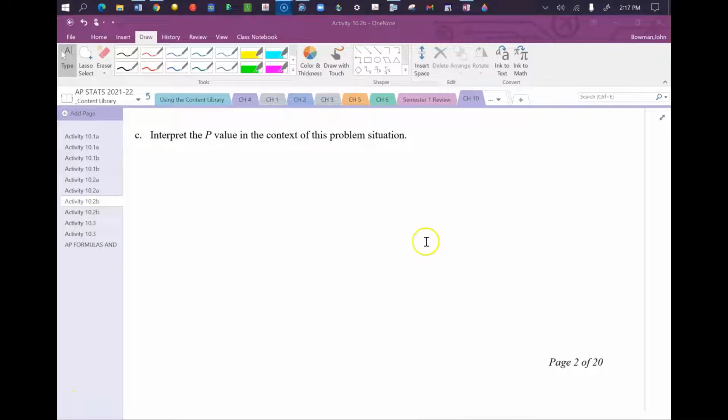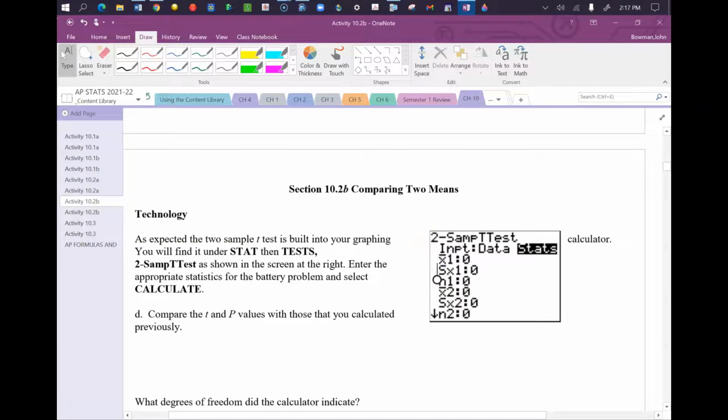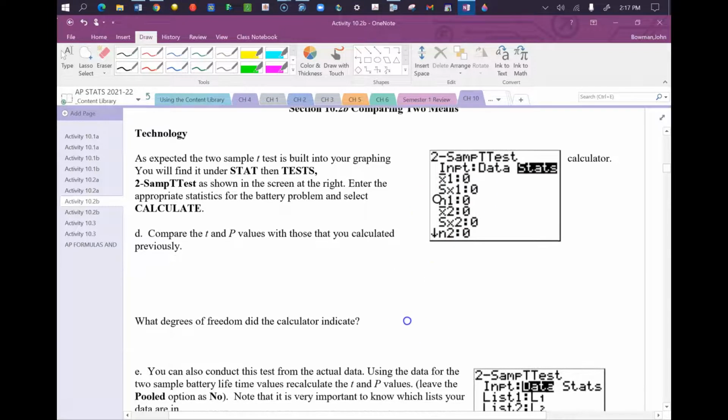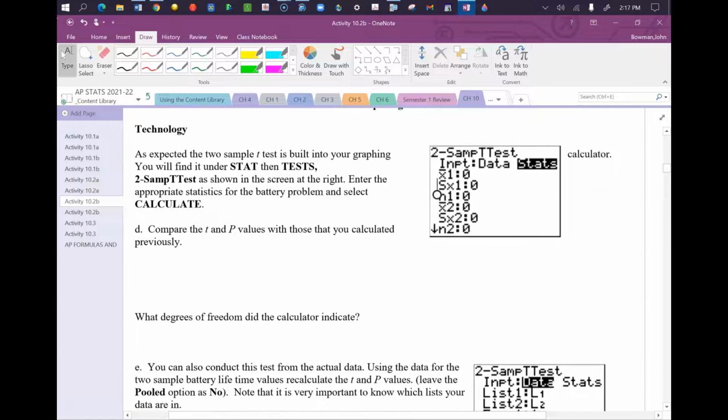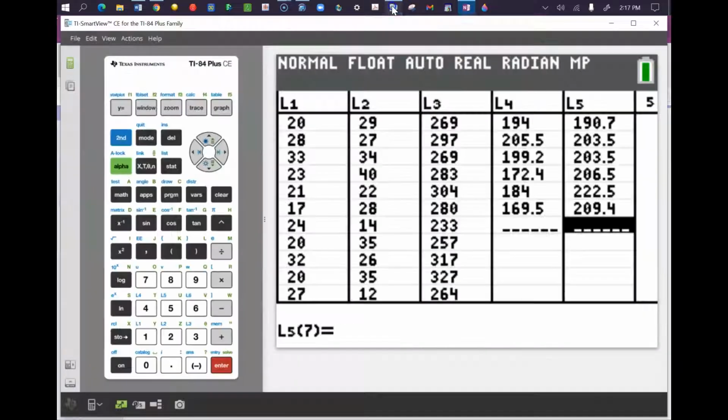And how to do this on the calculator. If you recall from the previous video, this data was in the form of lists. So the first thing you're going to do is put that data into lists in your calculator. It does not matter which lists you put it in. I happen to put the WC energy batteries sample values into list 4 and the generics into list 5.